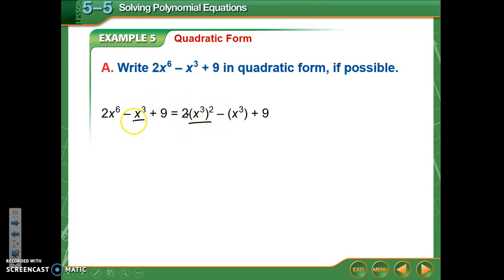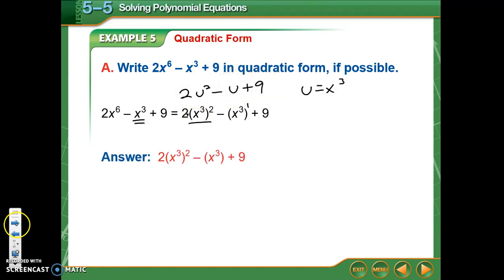Minus, then I'm looking to see if that matches this x cubed, and it does. This is x cubed to the first plus 1. So this matches. I basically have 2u squared minus u plus 9, where my u is x cubed. So I have a coefficient times an expression squared minus a coefficient times that same expression to the first power plus 9. So this is quadratic form.